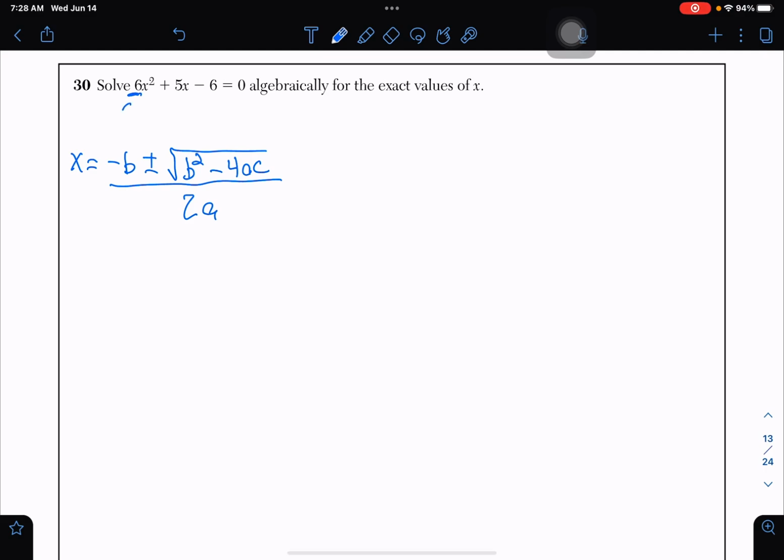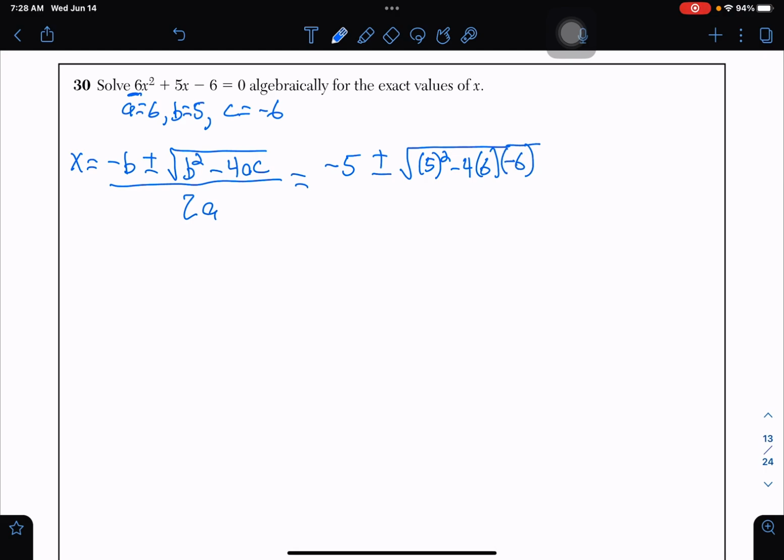So now we know a is equal to 6, b is equal to 5, and c is equal to negative 6. So let's plug those numbers in. So I have negative 5 plus or minus the square root of b squared, which is 5 squared, minus 4 times 6 times negative 6. Okay, so you take your calculator, right? 5 squared is 25.